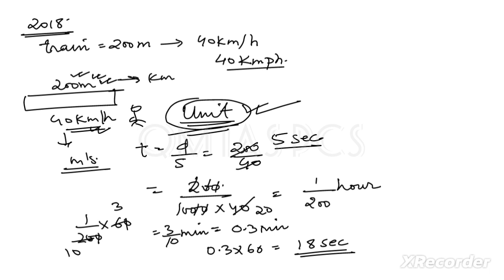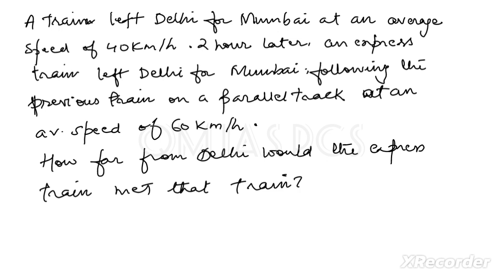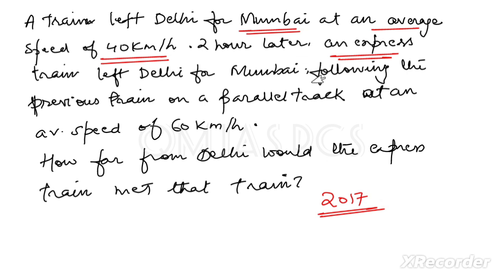So here is your homework. This question is from UPSC 2017. One train is leaving Delhi for Mumbai at an average speed of 40 kilometer per hour, but after 2 hours an express train leaves Delhi for Mumbai, the same route, on a parallel track at an average speed of 60 kilometer per hour.